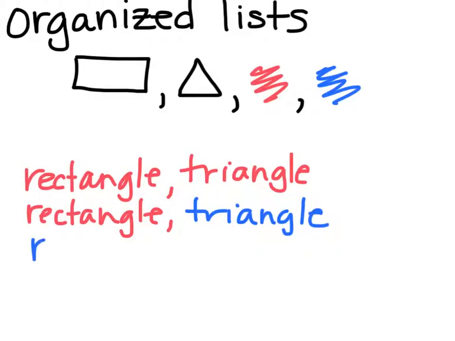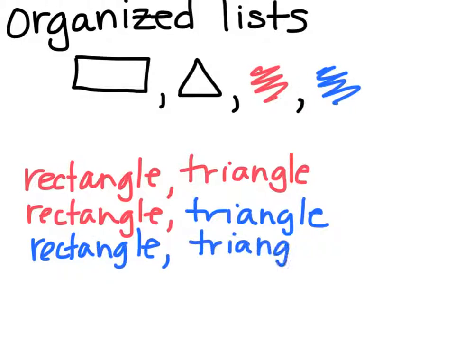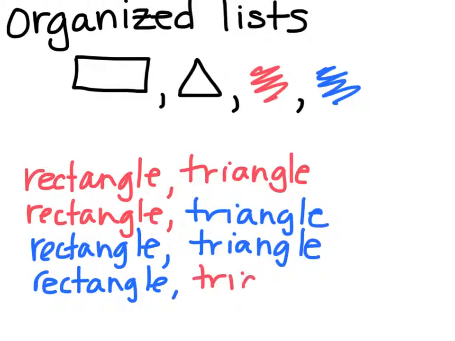We could paint a blue rectangle and a blue triangle. And finally, we could paint a blue rectangle and a red triangle. There are 4 possible combinations for painting the shapes.